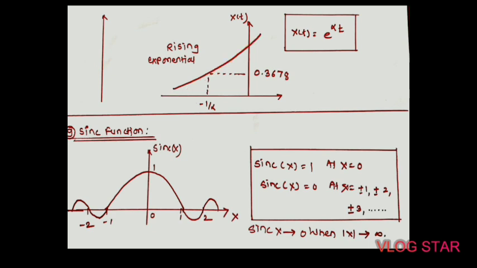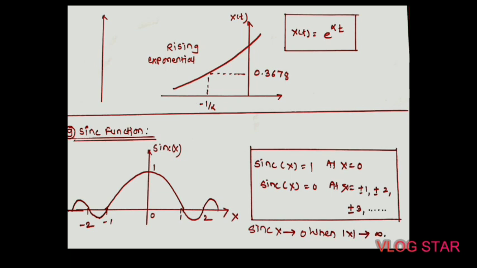Next type of signal is sinc function. The sinc function or sinc pulse is mathematically expressed as sinc of x equal to sin pi x divided by pi x, where x is the independent variable.